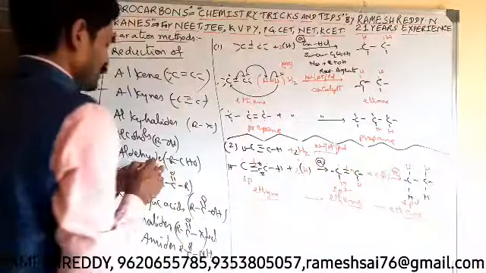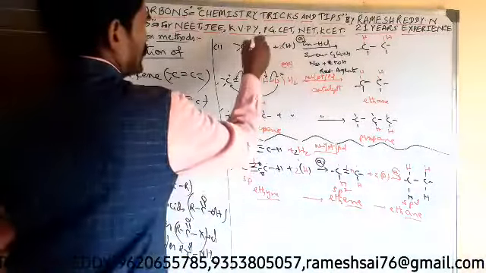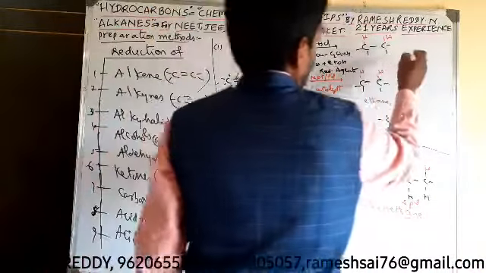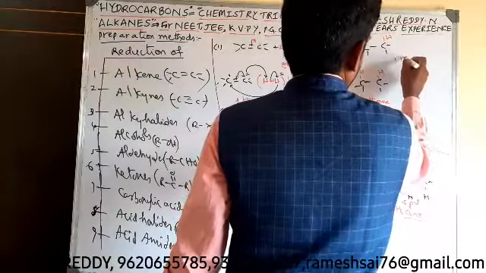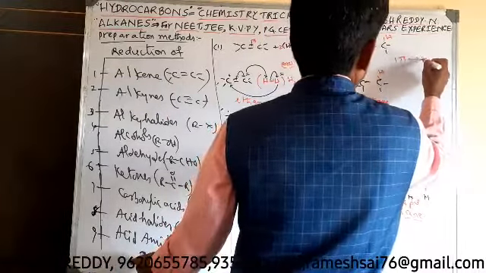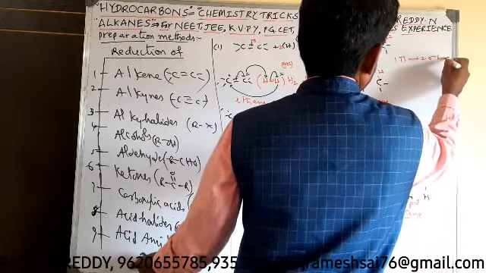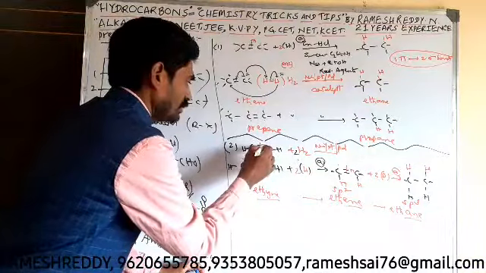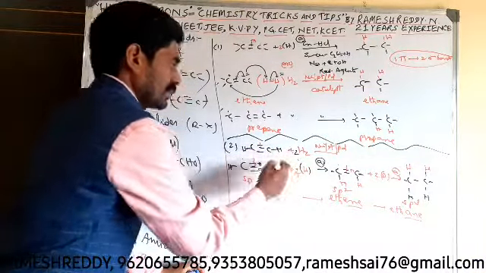Look here, in this case 1 pi bond is there. This pi bond is replaced by 2 sigma bonds. The major thing is 1 pi bond is replaced by 2 sigma bonds, right?